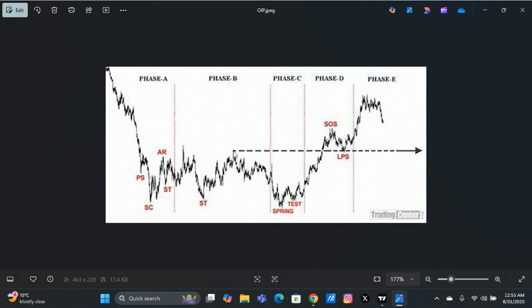This is where I would stretch my fib all the way down here, and if this part does not give me the 50% fib, then I would extend the fib from here down here, and this would be the 50% fib, and the test will be there, and I'll hold the trade just like how I held the pound SGD and the pound CAD. So this is what they call the Wyckoff schematics.